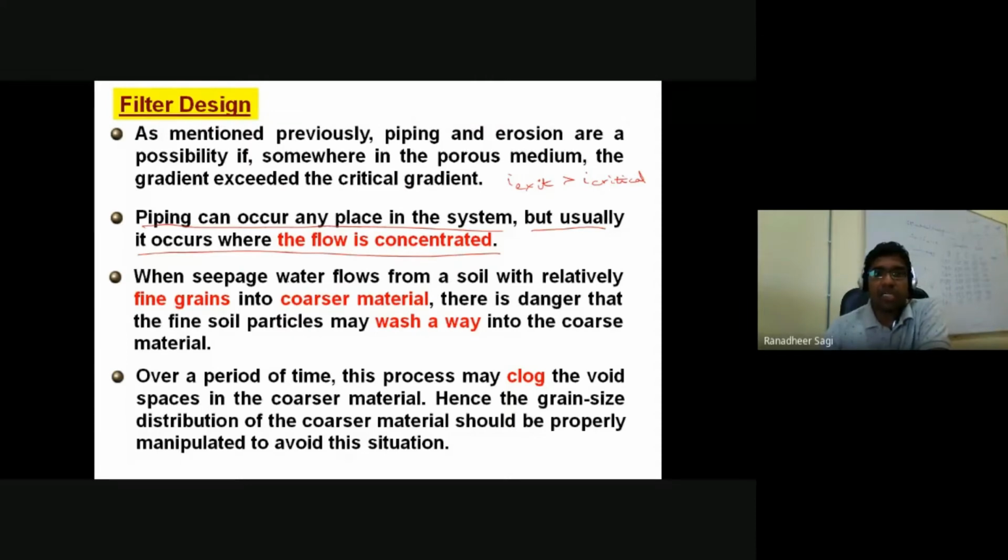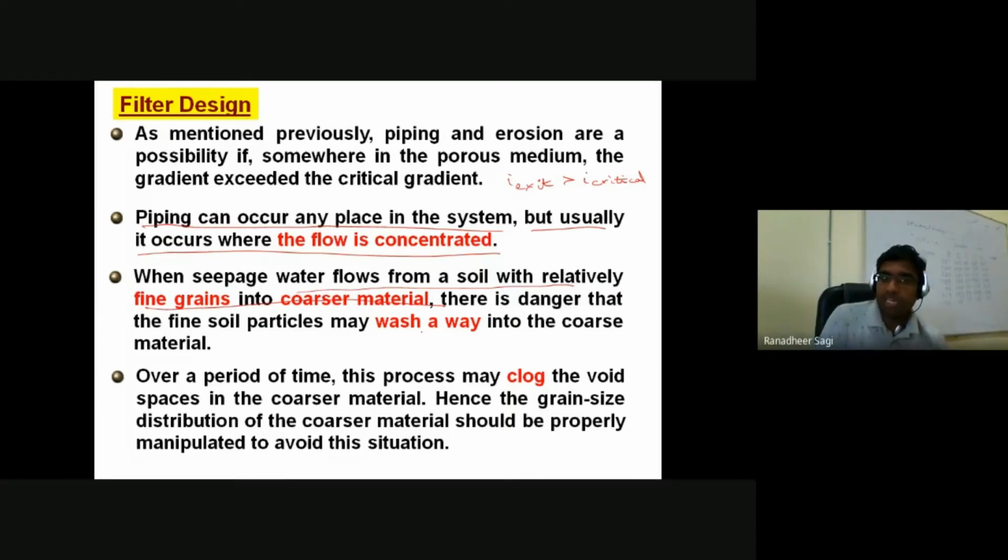When seepage water flows from a soil with relatively fine grains into a coarser material, there is a danger that the fine grain soil particles may wash away into the coarse material. Say, if I am simply providing what is called a drainage, without understanding the purpose of providing the drain by means of the coarser material which is placed there.